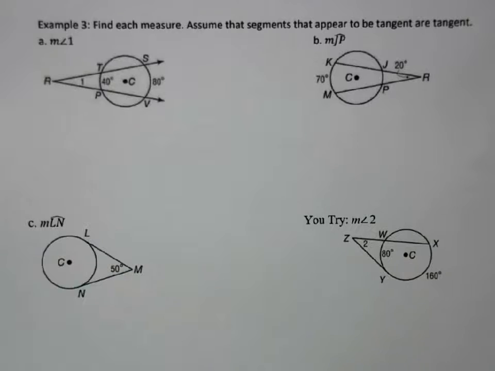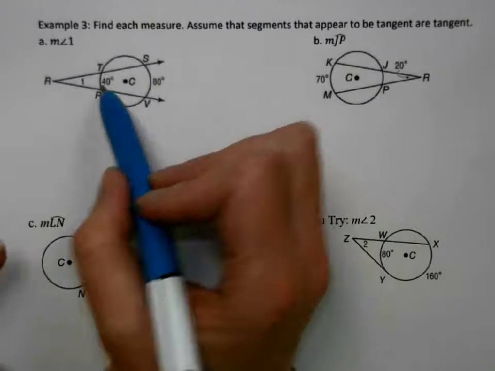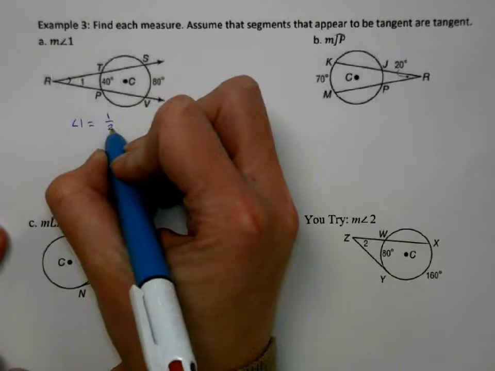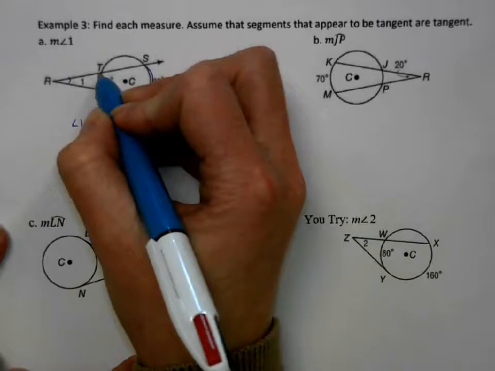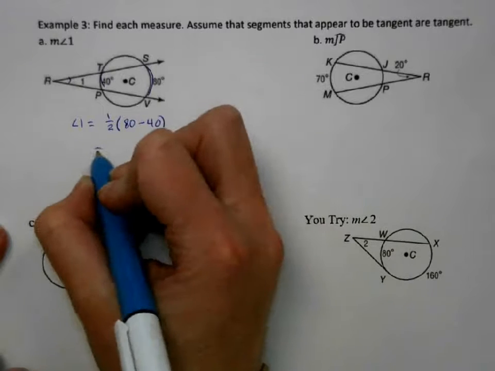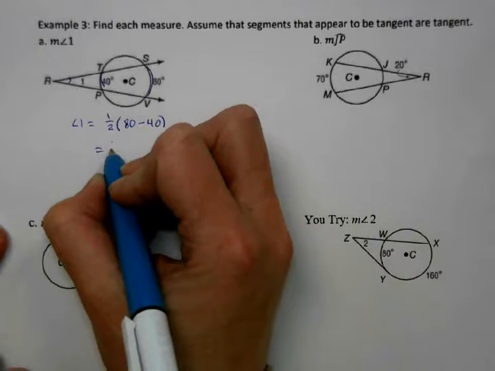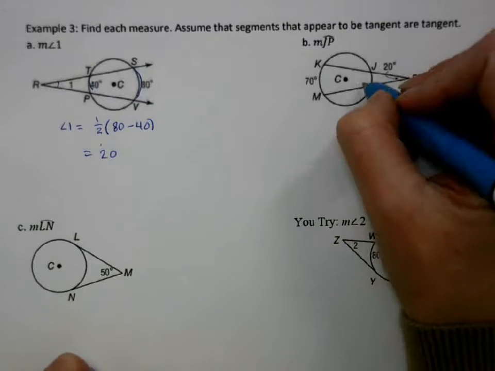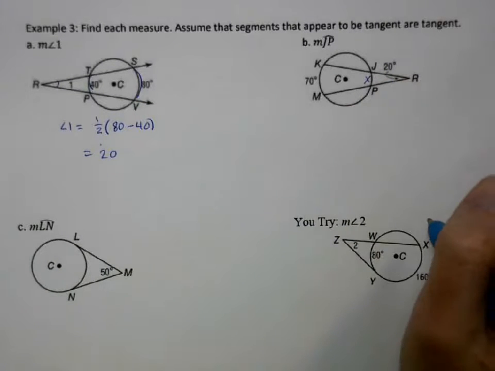All right, so let's look at some of these. So the angle here, angle 1, is going to equal 1/2 of the outside arc minus the inside arc. So 80 minus 40. So 80 minus 40 is 40. Half of that is 20. Here, I'm finding this arc here, JP.